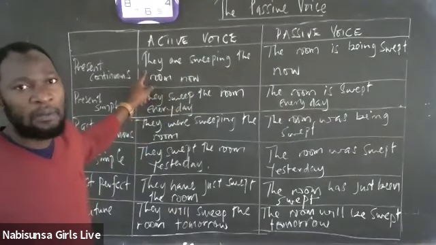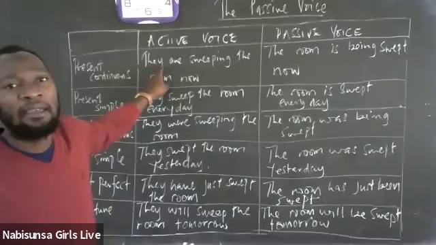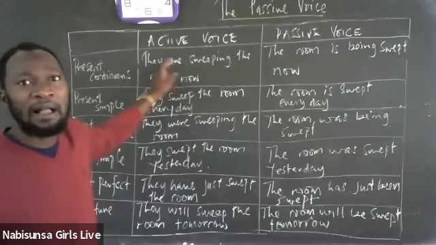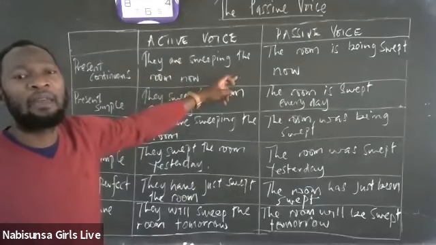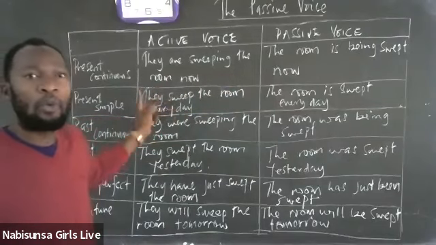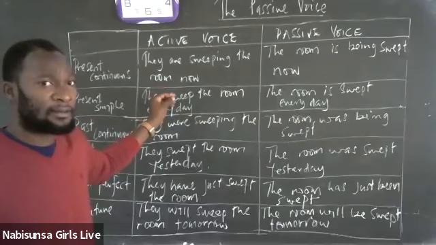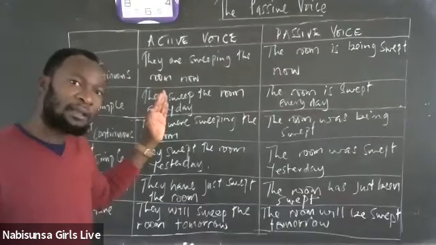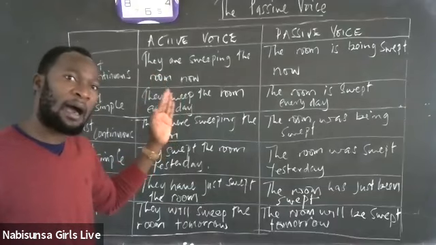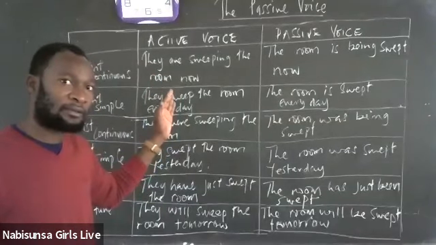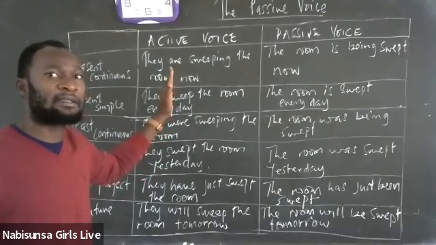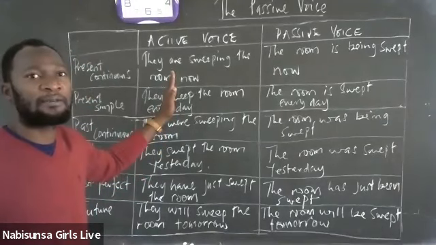This means that they is the subject, are sweeping is the verb, and the room is the object. We have the subject, the verb, and the object, so it is the regular sentence formation.